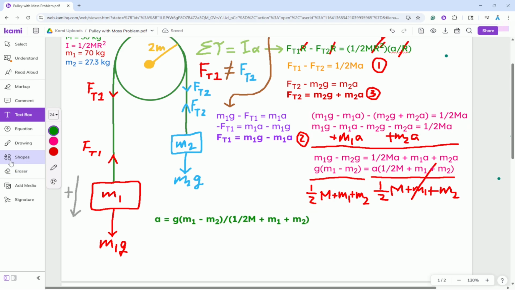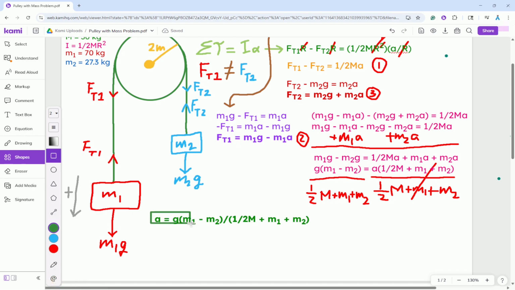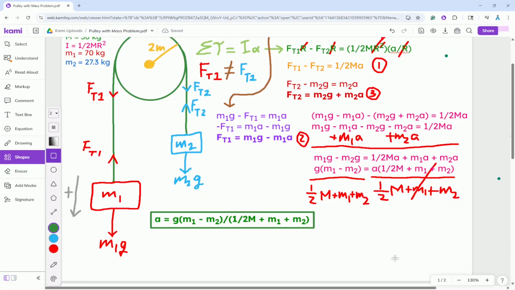And sigmas, this is the acceleration of the entire system. Woo! Yeah, baby! That's what I've been waiting for. That's what it's all about. A is equal to the quantity G times M1 minus M2 divided by 1/2 M plus M1 plus M2.